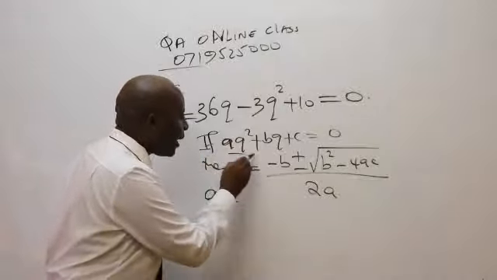Which number do we have here? So A is minus 3. Then B is the number that comes before Q. When I look at this entire function, the one that comes before Q is 36. So B is 36. And then C is the constant term, the constant which doesn't have a Q or X. So C is 10.